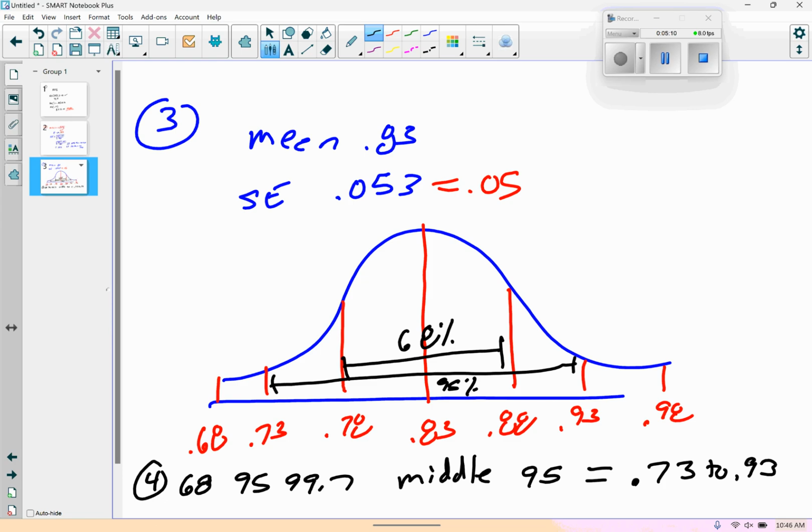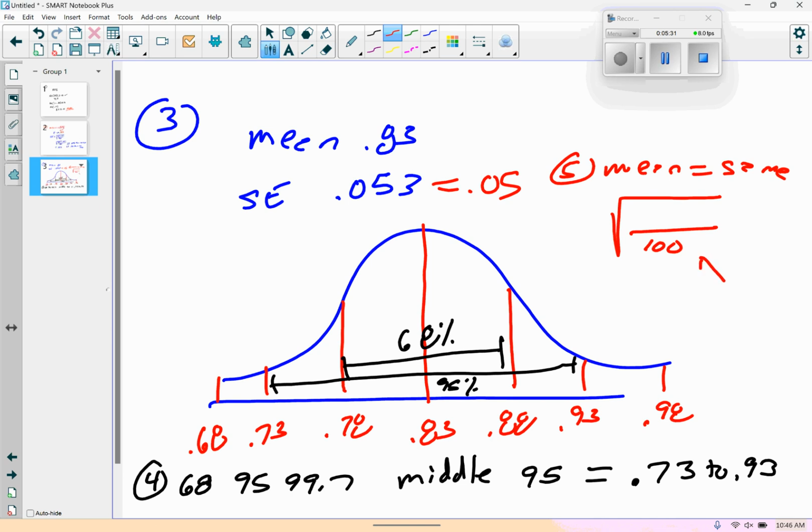Number 5 says, if the sample size is increased from 50 to 100, what happens to the mean and the standard deviation? So the mean will stay the same. And because we had used this, it changes to 100.